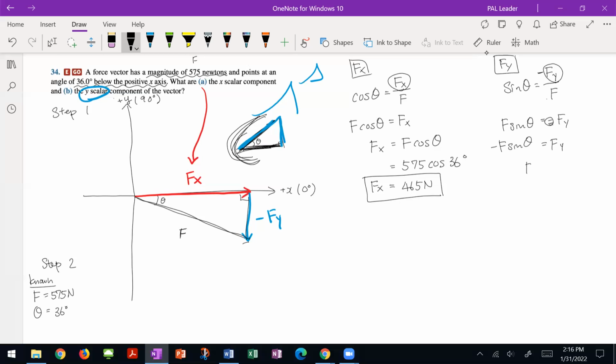Now I'm going to flip it, so it's Fy equals F sine theta. And now we just put in our numbers. 575 sine 36 degrees. Put that in your calculator. It should be negative 338 newtons. That is part B.